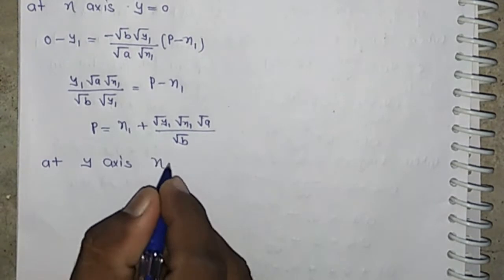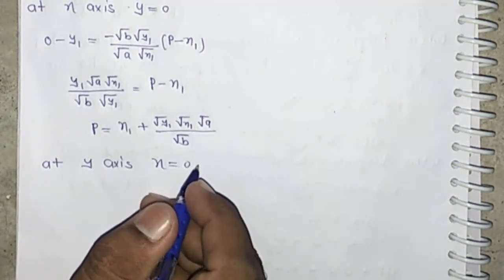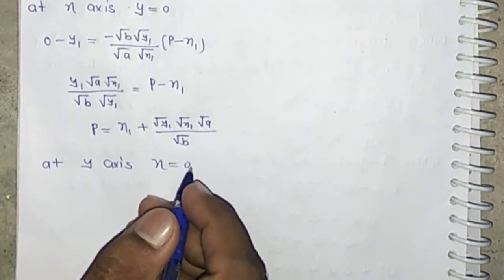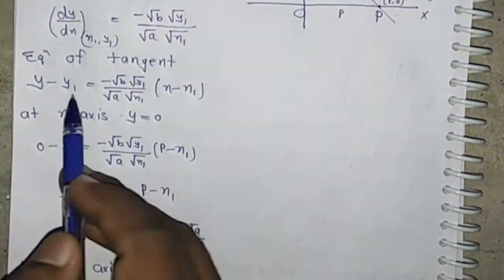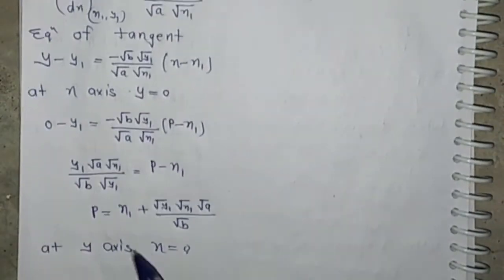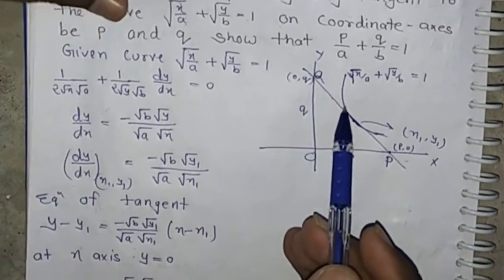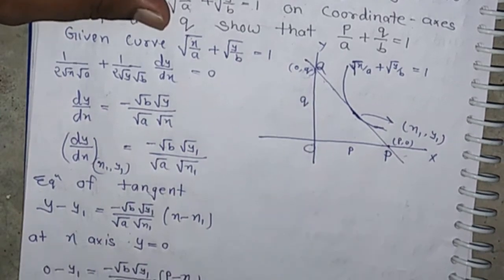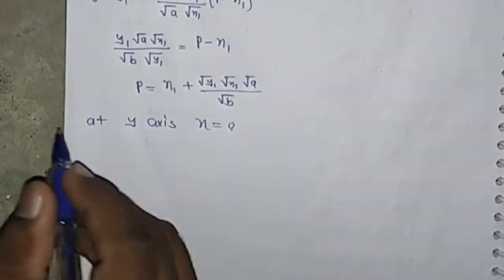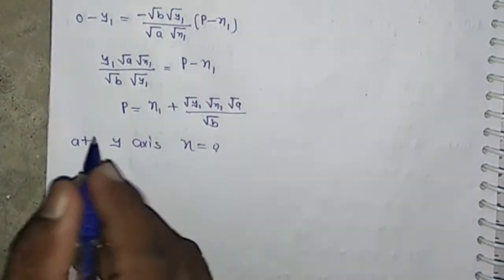When the tangent cuts the y-axis, the value of x is 0. We put x equal 0 in this equation, and the value of y at the y-axis is q, so we put x equal 0 and y equal q.